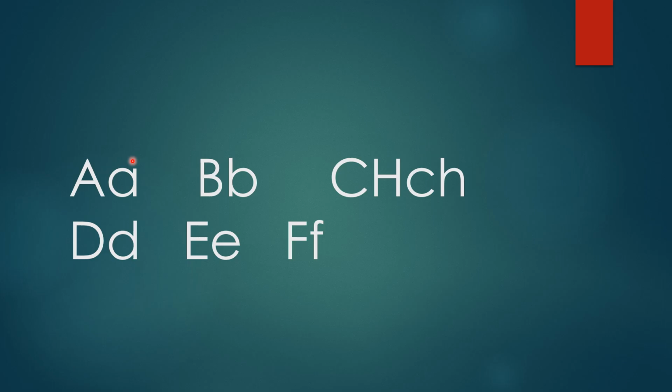So we start with our first letter, which is A. This is capital A and this is small a. Our second letter we have Ba. The third letter is made up of two letters so that the pronunciation can sound good.